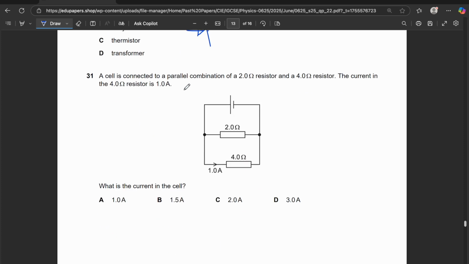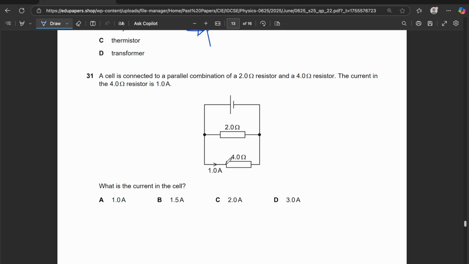31. A cell is connected to a parallel combination of a 2.0 ohm resistor and a 4.0 ohm resistor. The current in the 4.0 ohm resistor is 1.0 ampere. What is the current in the cell? In parallel connections, current is going to be different and depends on the resistance.